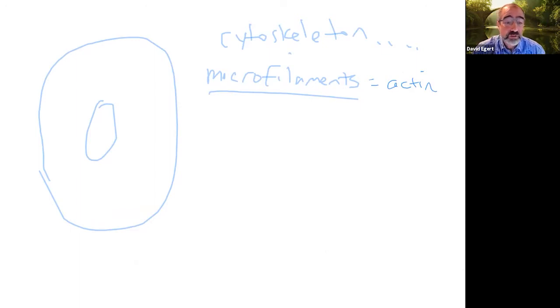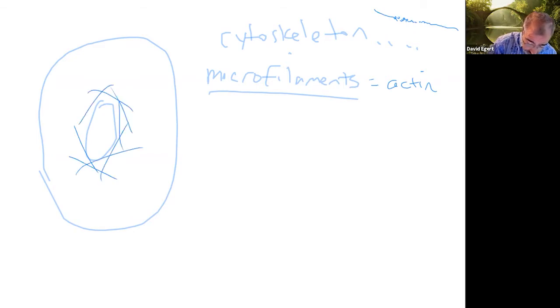But actin is also just a really important cytoskeletal element. It's this little molecule that assembles into what we call thin filaments. And those are what are holding the nucleus in place. That's why the nucleus stays in the middle. There's actin holding it there.